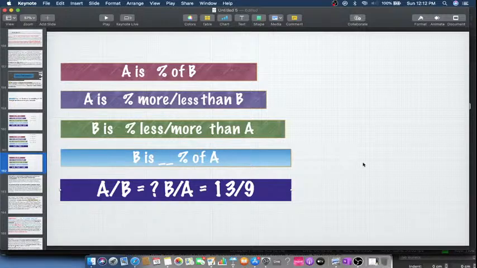Yes, if there is a problem, tell me, I will start writing the equation as well. A is 30.76% less than B, correct.